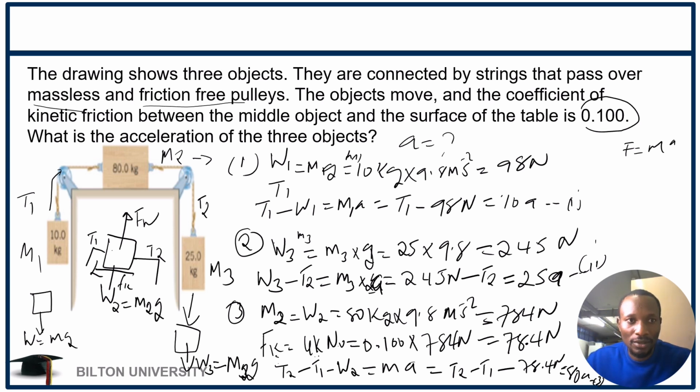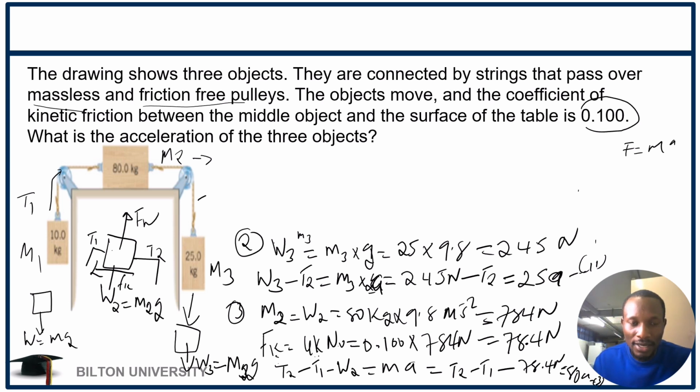So let's wrap to create more space. Now we can write these equations. The first equation is T1 minus 98 Newton equals 10A, which can be written as T1 equals 98 Newton plus 10A, and this is the first one.